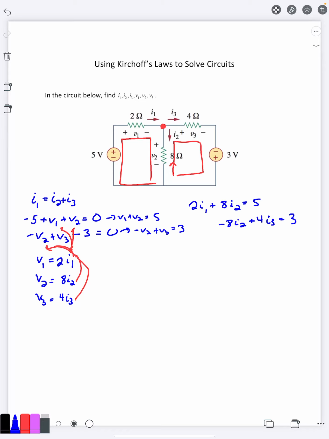And if I move things around on this one, negative I1 plus I2 plus I3 is 0. And so there are my 3 equations and 3 variables. You can go ahead and put this in a calculator if you prefer, or we can go ahead and solve it by hand here.